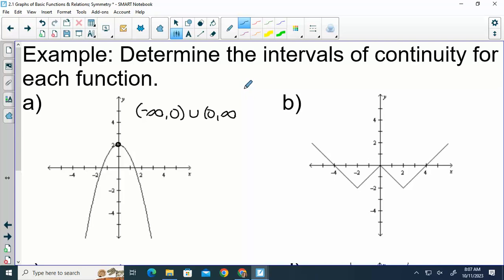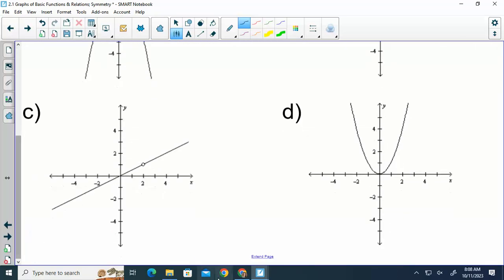If I look at B, so it zigzags. Could you draw that without picking up your pencil? Yes. So we would say this one is continuous from negative infinity to positive infinity. It's continuous everywhere. All right. C. Where is that one continuous? Everywhere except at 2.